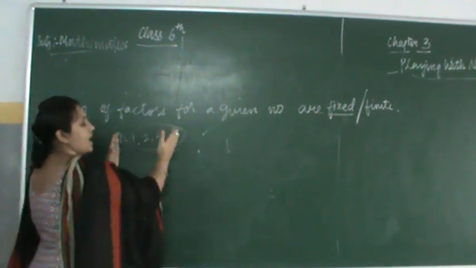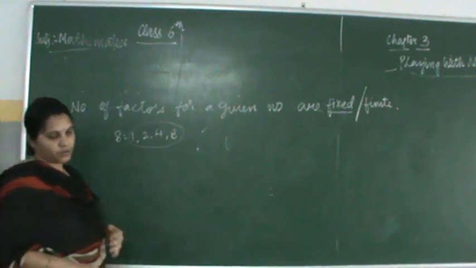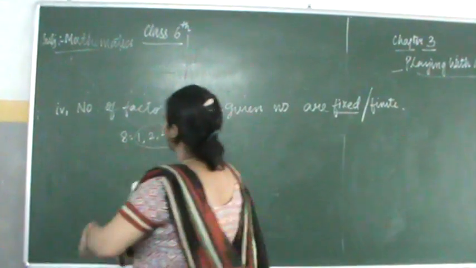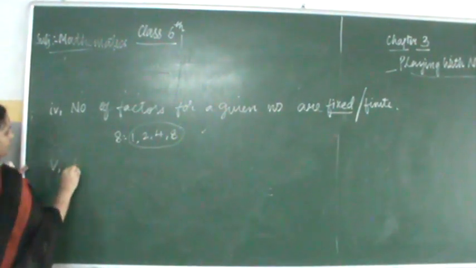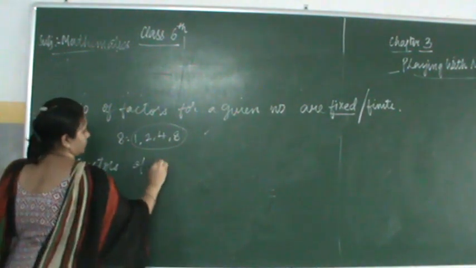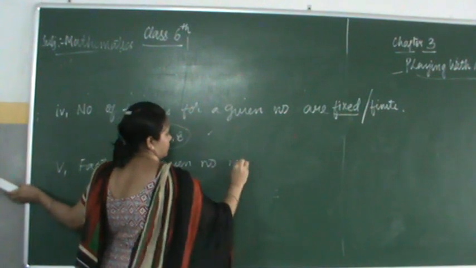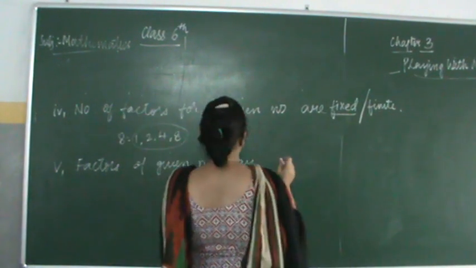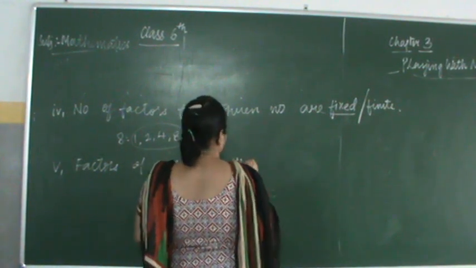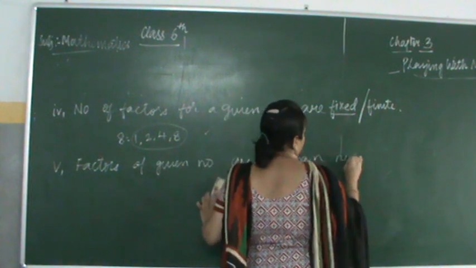The number will not have more than this. Yes? Next. Same example, children.